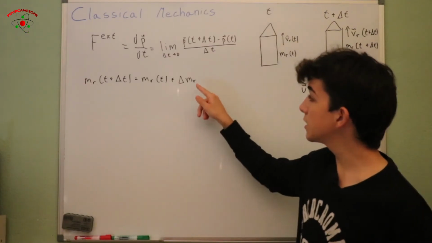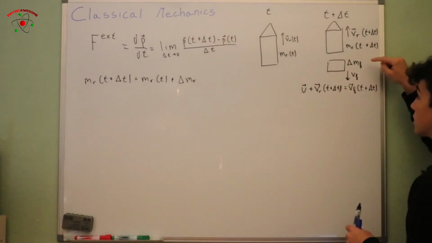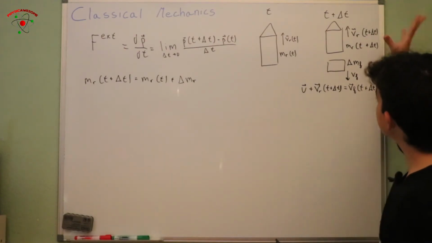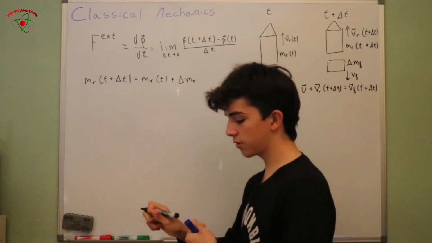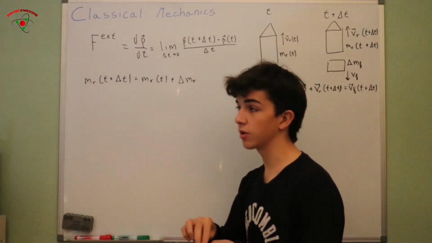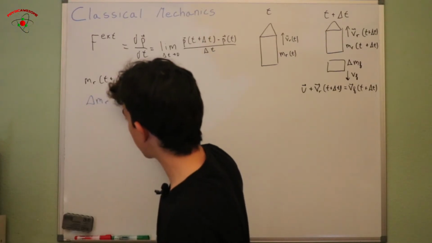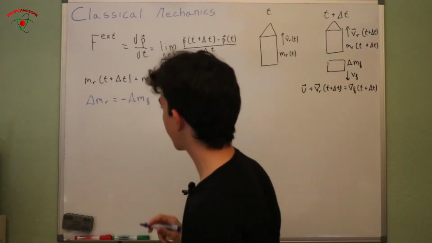And note that this change in mass has to be the same change but opposite to this change, because mass in our system has to be constant. Therefore, and we are starting with conclusions, this delta m_r has to be equal to minus delta m_f.